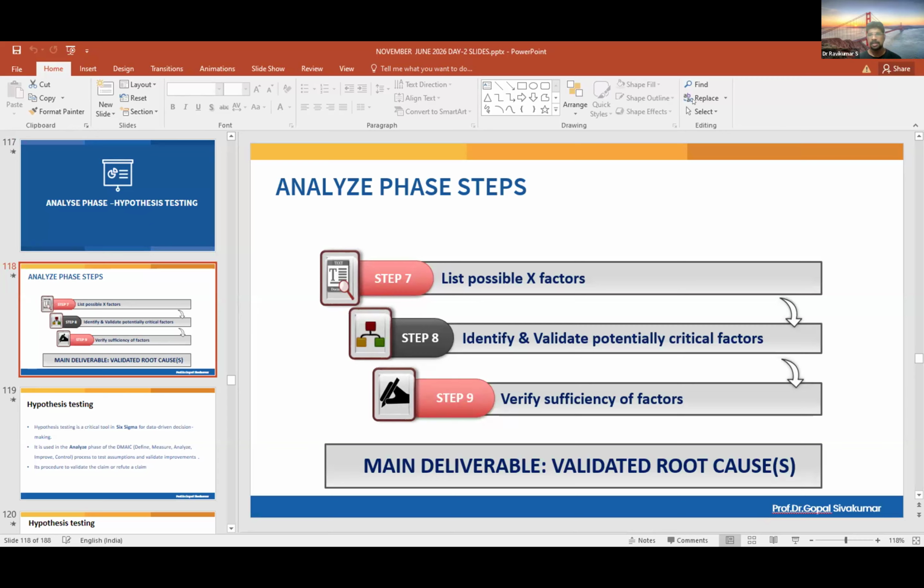Guys, are you able to hear me? Yes, Y is equal to f(X). Okay. So in the analyze phase, we are trying to list out the possible X factors.